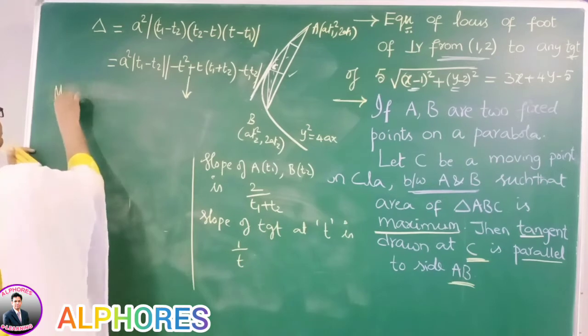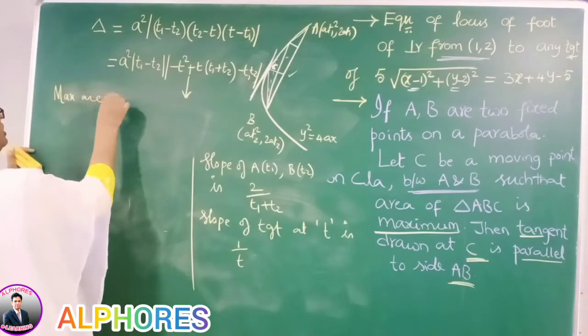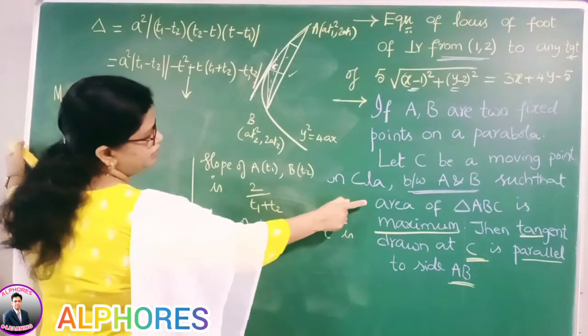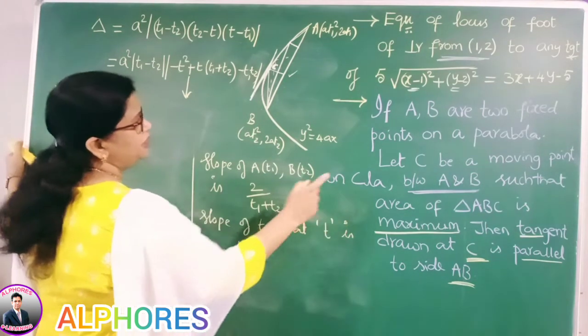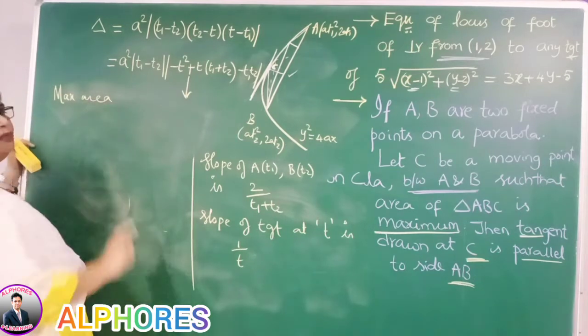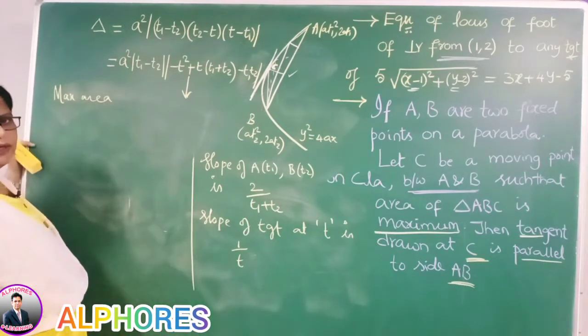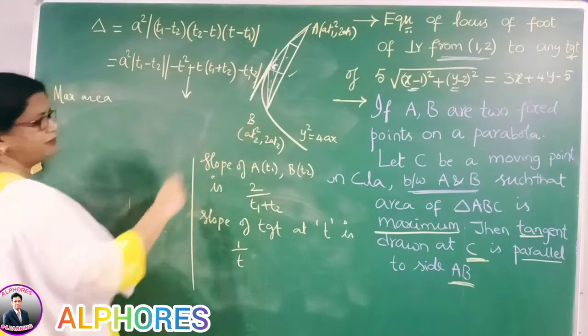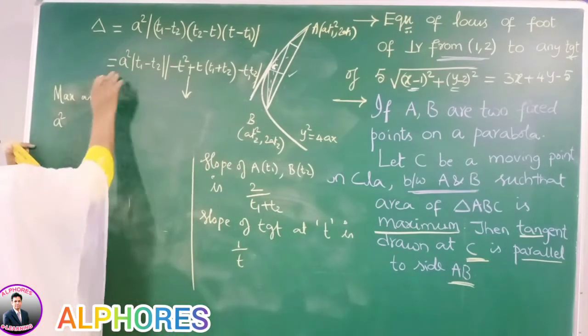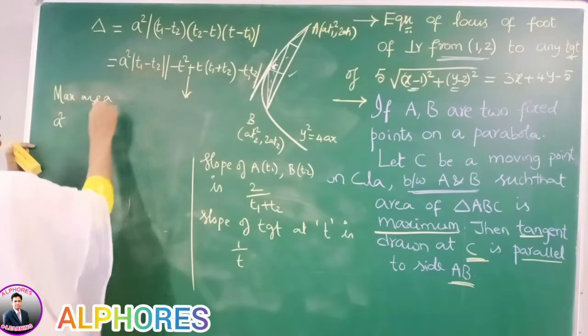So maximum area you can take here, that is only for this standard form. This parallel condition you can give for any kind of parabola, whereas maximum area, whatever formula now we are writing, that is only for this parabola. Now this is a square into here, no change because these are fixed points.